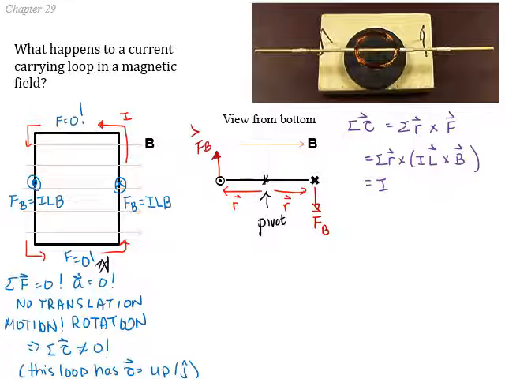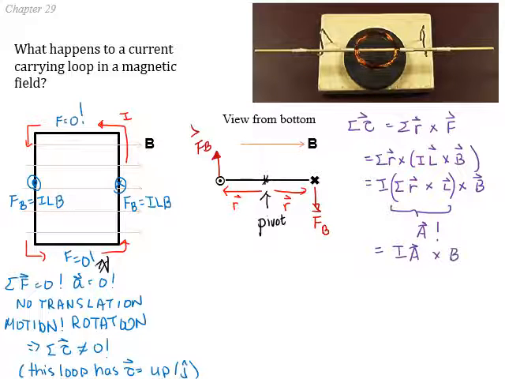So that leaves me with I times the sum of r cross L cross B. Now I'm just judiciously going to put in a couple of brackets around r cross L, because you can really put your brackets anywhere you wish. If you think about what is r cross L, that's the area vector of the loop. Okay, so that tells us that my net torque is current times area crossed with the magnetic field.